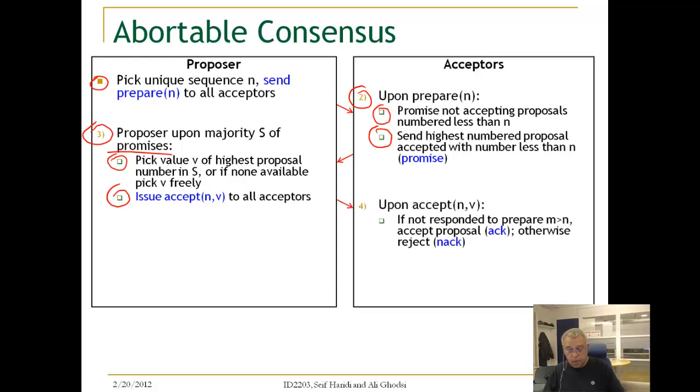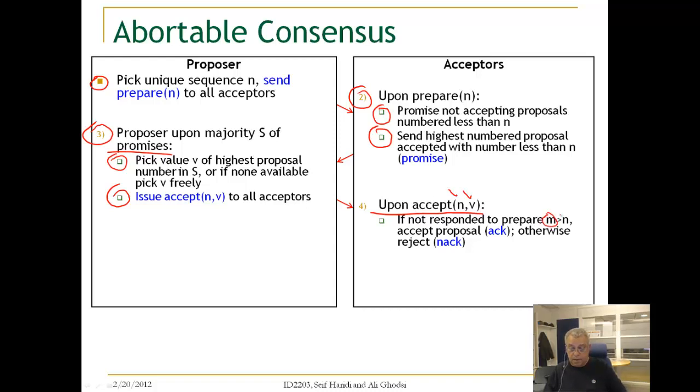Now when an acceptor gets this accept message with value v and proposal number n, if it has not responded to another prepare with a higher number, then it will accept this value.